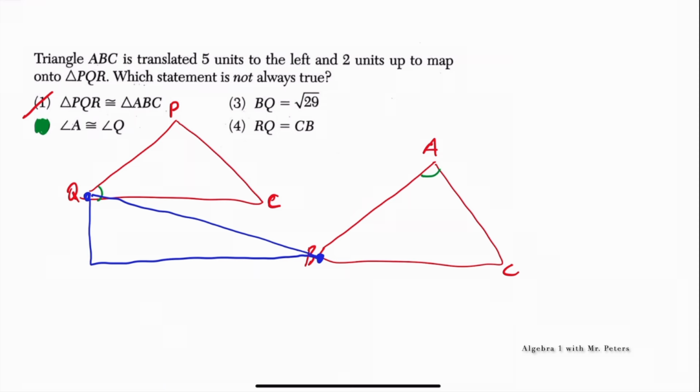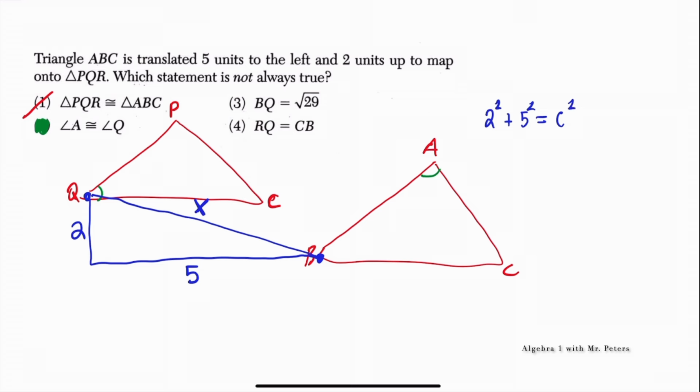So from B, we went to the left 5 units and then up 2. So what we don't know is the hypotenuse. For us to solve this, we just need to use the Pythagorean theorem to determine whether this is true or not. So 2 squared plus 5 squared is equal to c squared.